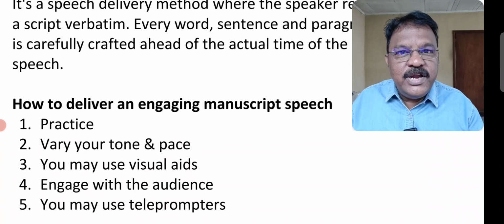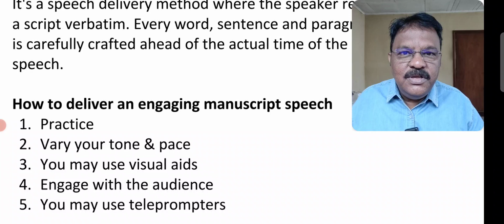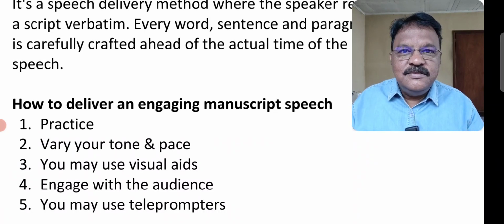You look at your audience, know their mood, and according to their mood, you can modify your speech. Your voice modulation can be adjusted. And that's how you can make your speech interesting. So we need to look at our audience and speak at least at regular intervals.